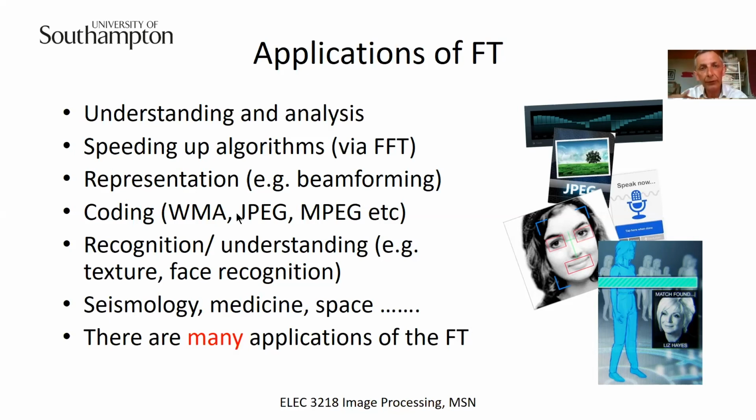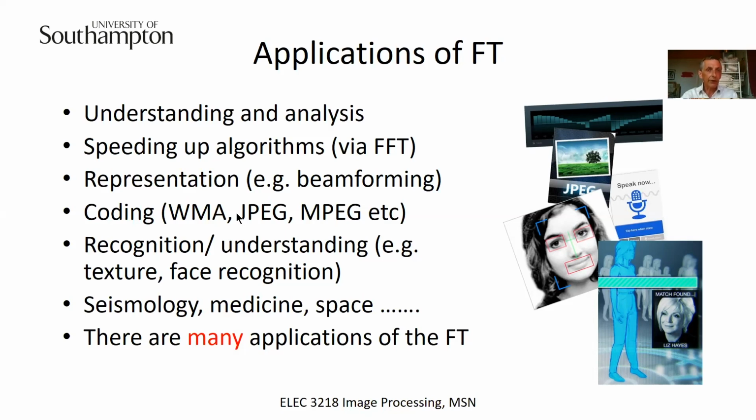The fast Fourier transform is actually one of the most beautiful algorithms in computer science. I think it's brilliant because it makes the Fourier transform usable in hardware and in software. And you can use it to speed up algorithms. It gives you a fantastic advantage in speeding stuff up.